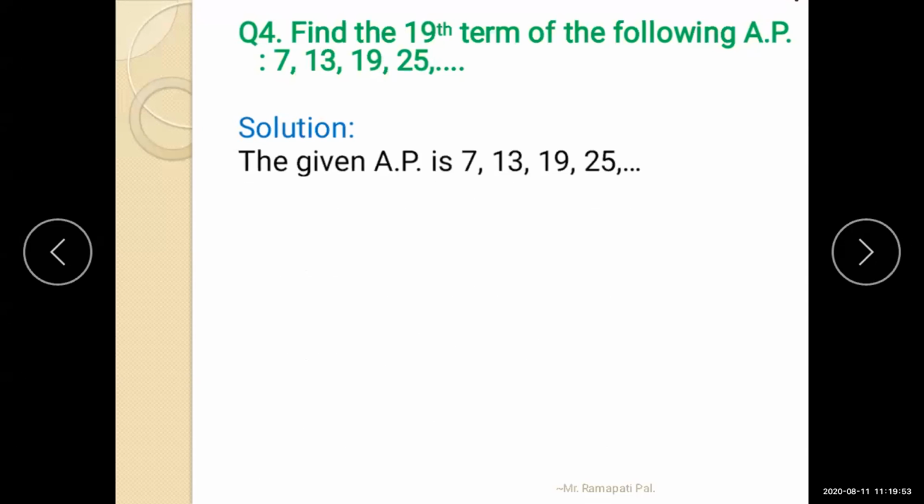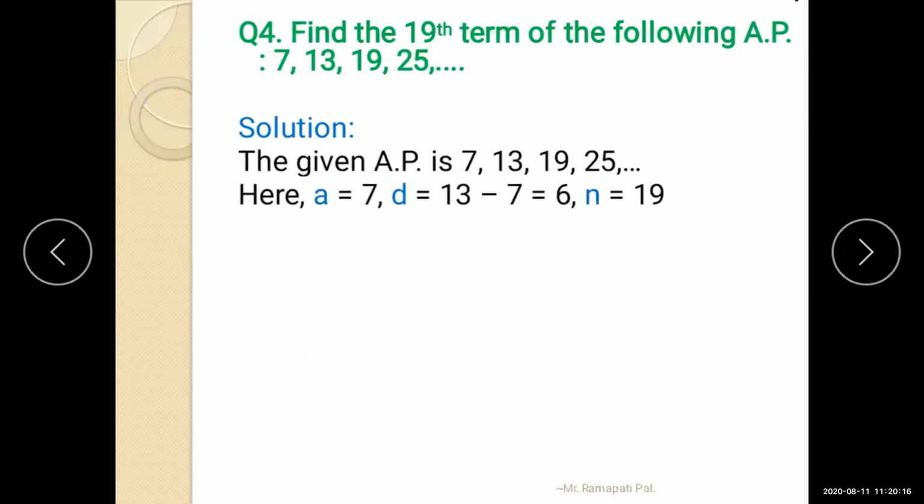Now, what do you have to identify here? Tell me what you have to identify. You have to identify what is A, what is D, and what is N. For D, you have to calculate by doing the subtraction T2 minus T1. Is it clear?